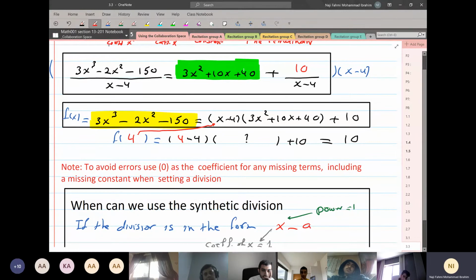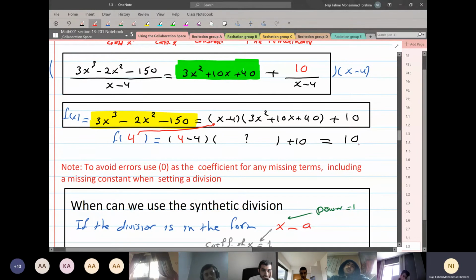This 10 here, remember what we called the 10? This is the remainder. And this 4 is what, the 0 of the divisor.